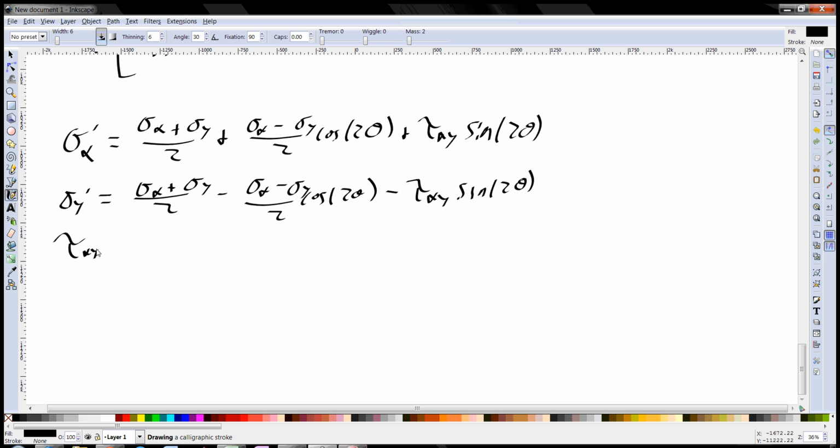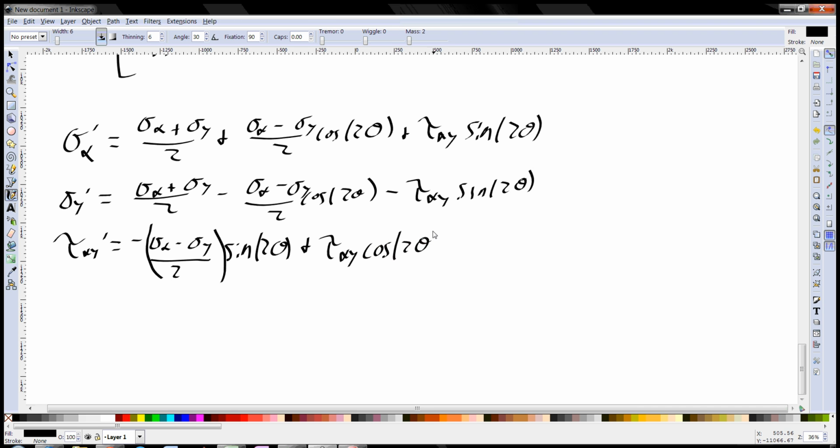And then our new shear is equal to negative original stress in the x minus original stress in the y divided by 2, and I'm going to put some parentheses around those to make it clear that that negative applies to that whole value, times the sine of 2 theta plus our original shear times the cosine of 2 theta.